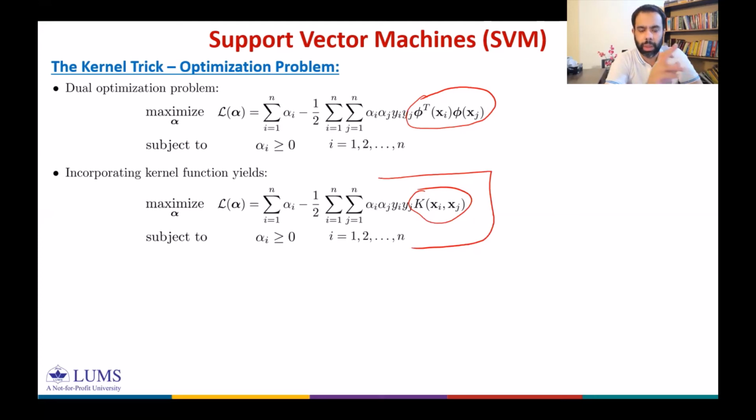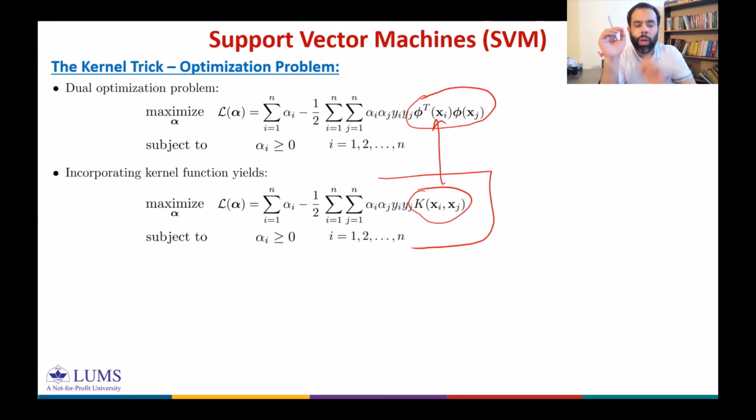But if you want to compute using phi, we'd be computing this in the higher dimensional space. This could be computationally expensive, or it could be intractable, in fact.